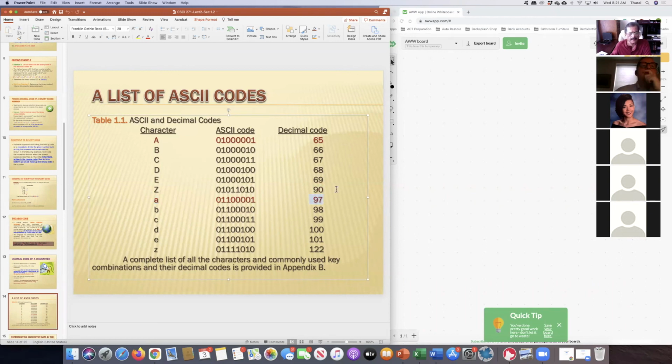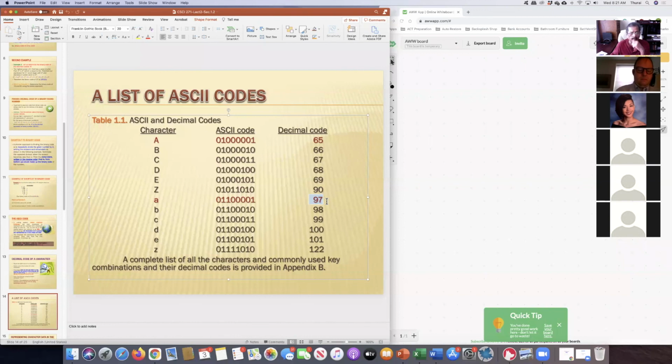So what do we have between 90 and 97? Some other symbols. Remember, all those symbols are also coded using binary ASCII codes. So the mathematical symbols, and even the decimal point, all those have codes. So some other characters are there between 90 and 97.